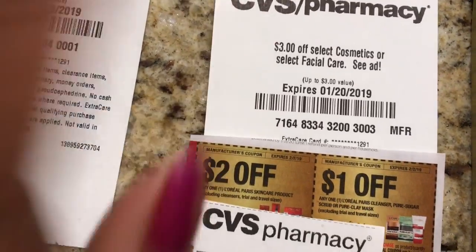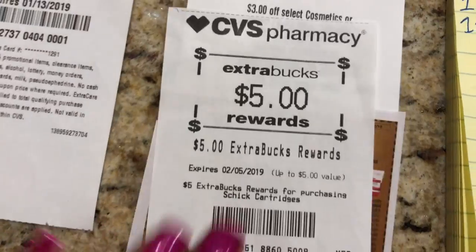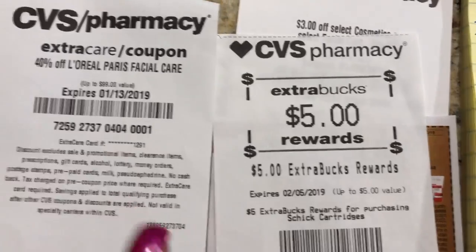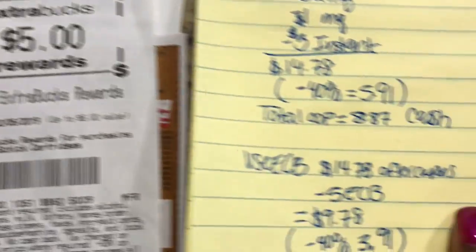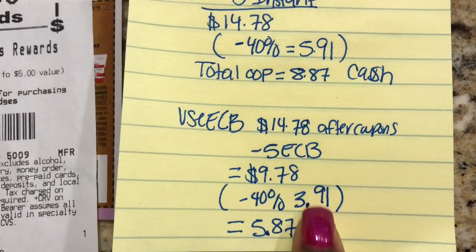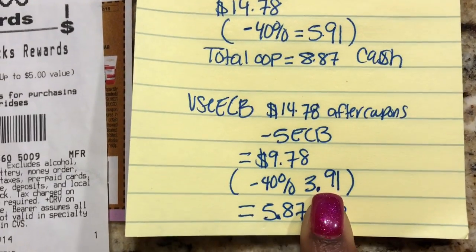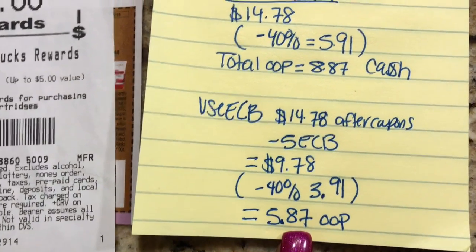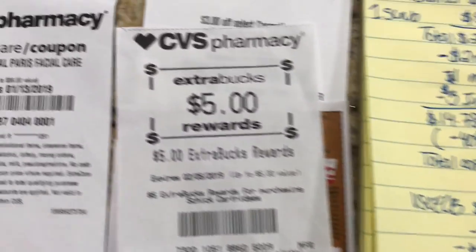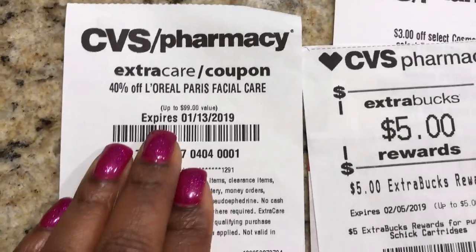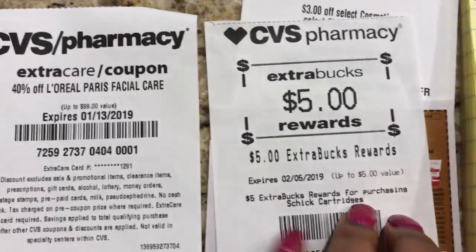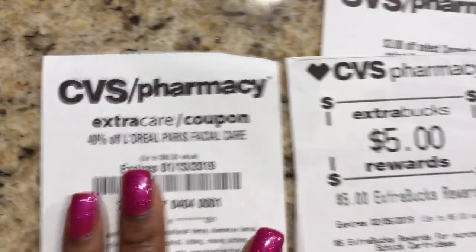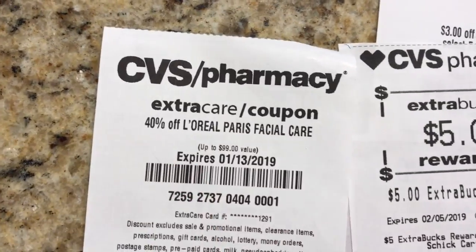So the $3 comes off, the $2, the $1, and then the $5 extra buck, leaving you to take 40% off of $9.78, which is only $3.91, and you're still going to pay $5.87. I hope that is clear that when you use a percentage off coupon, all the other coupons come off first and then your percentage. Okay?